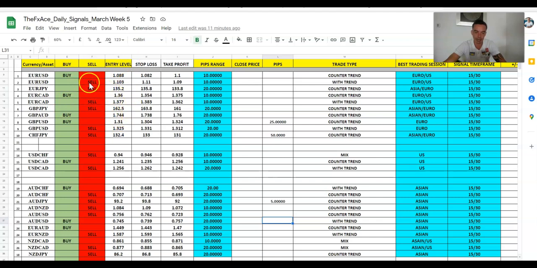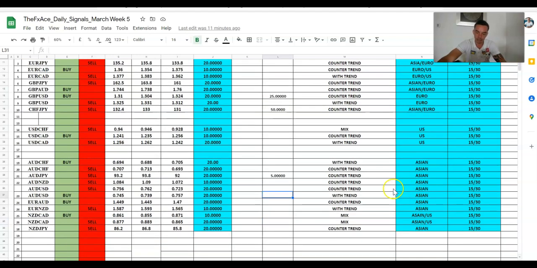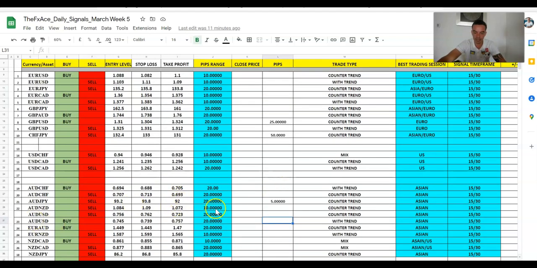If a signal occurs at these levels, it is a high probability setup. I also split them into Euro, Asian, and US sessions. Most of them you can trade in any session, and that will get changed today, but some people just like to trade one session, so I split them up into different trading blocks.